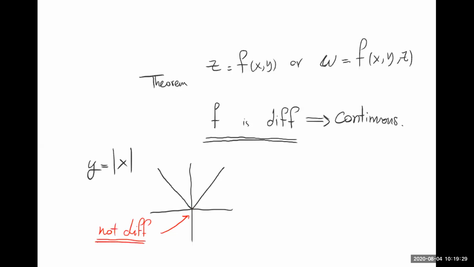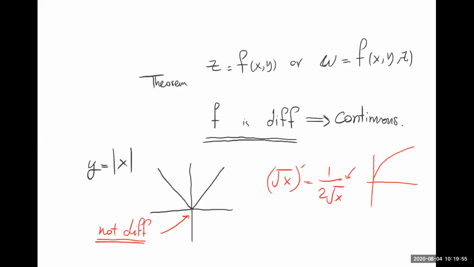The square root of x is differentiable in its domain. We know the derivative of square root of x is 1 over 2 square root of x. Well, at 0 it's infinity.